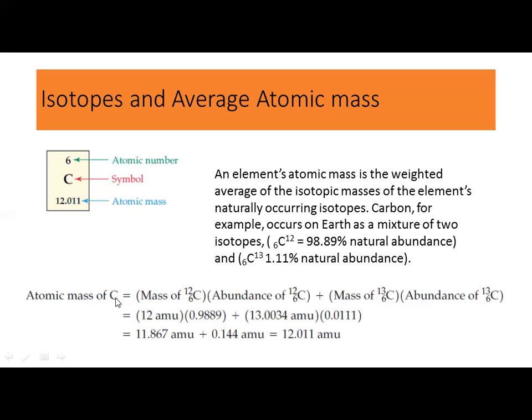This is the atomic mass of carbon. To calculate it, the mass of carbon 12 times its abundance, plus the mass of carbon 13 multiplied by its natural abundance. Then I sum up and get a value of 12.011.